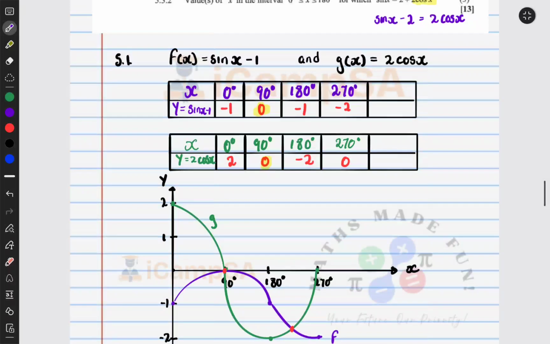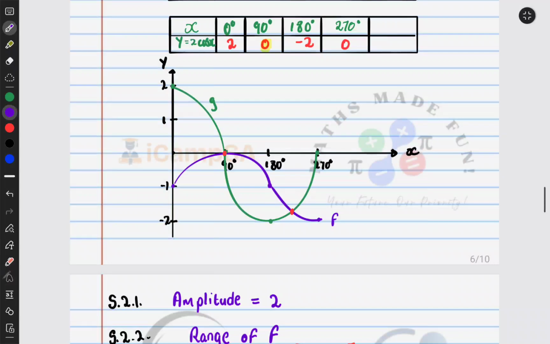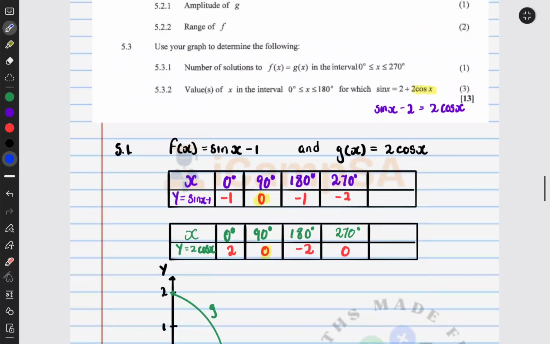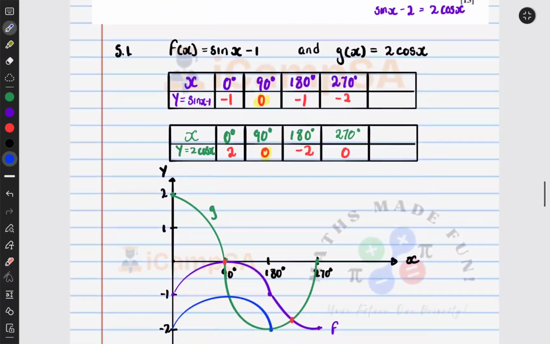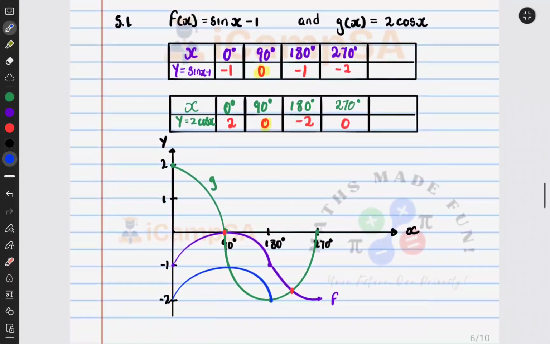It's just that this one has been shifted 2 units downward, so roughly it will look something like this. And we are only considering the interval of 0 to 180. That will be the function of sine x minus 2.